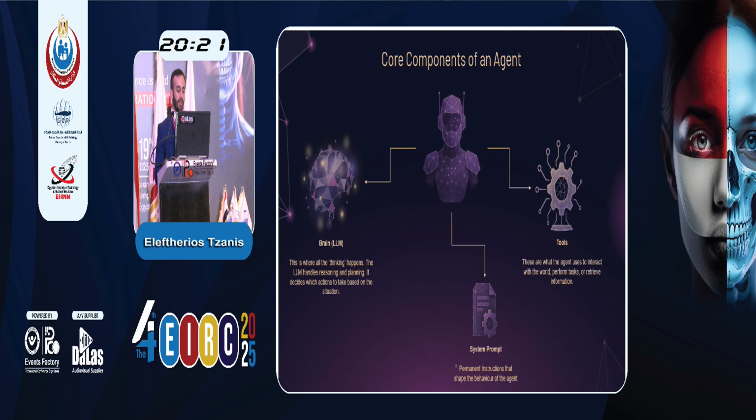Another key component is the system prompt. It's a set of permanent instructions that shape the behavior of these systems. The system prompt also includes valuable information regarding the specialized agents and the tools that the master agent has at its disposal. Of course, these systems also have memory capabilities, short or long-term memory based on the task.